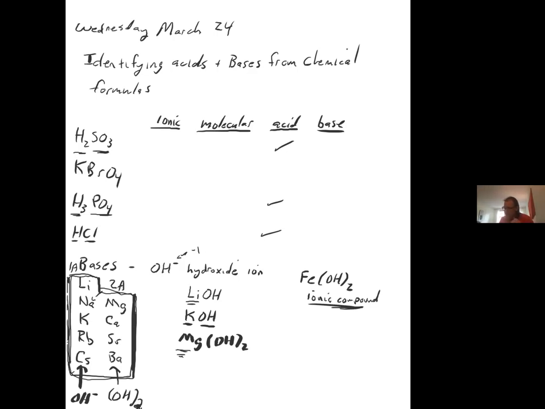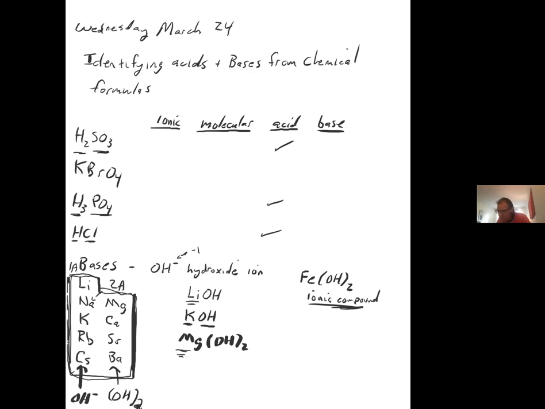And so what happens is those hydroxide ions get dissolved into the water, and now they form hydroxide. And that's really what makes a base, is whether it forms hydroxide in the water. Okay. So in a sense, bases are electrolytes, right? They're a type of electrolyte. Lithium hydroxide dissolves into lithium ions and hydroxide ions, and you have electrolytes, okay?